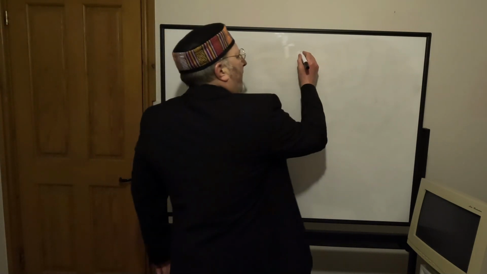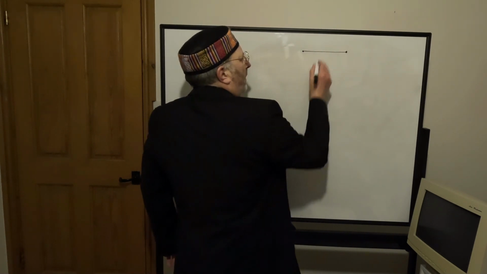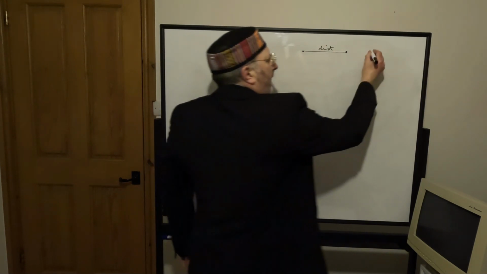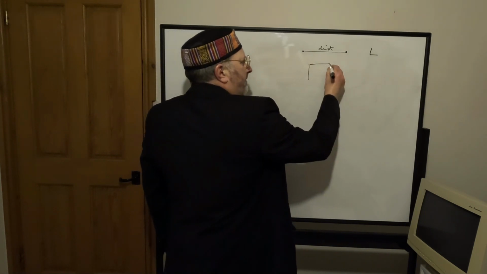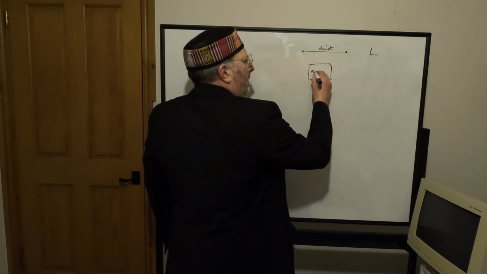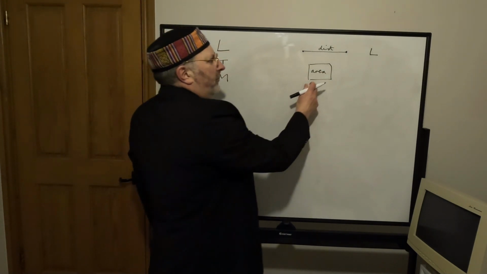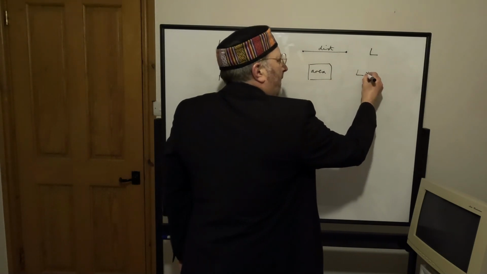So if, for example, we have a distance, then that is a length. So that has just got a dimension of L. But if we have an area, the formula for an area is the breadth times the height. So it is 2 lengths multiplied together.